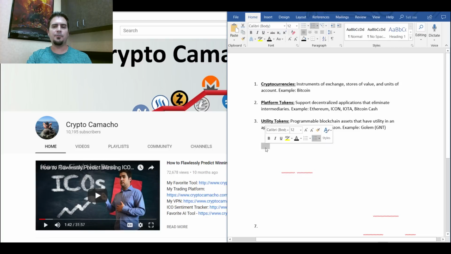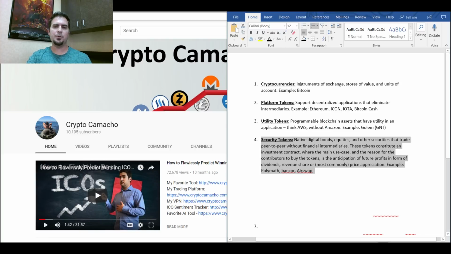Number 4, and 4 is a pretty interesting one, I have to admit. It is security tokens. So security tokens are a bit of a different beast, right? These tokens constitute an investment contract where the main use case and the reason for contributors to buy the tokens is the anticipation of future profits in the form of dividends, revenue share, or most commonly price appreciation, okay?